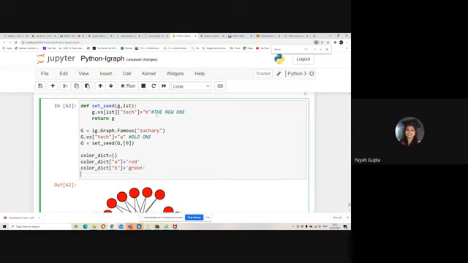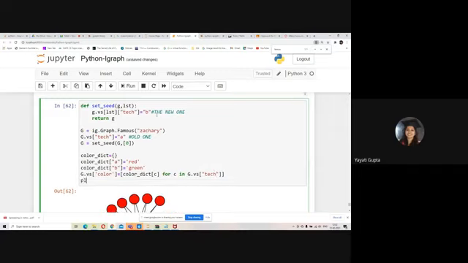Then I can set the attribute for each node, g.vs color, which takes its color from this color dictionary, for c in the technology values. I got this here, and let me just load this graph.